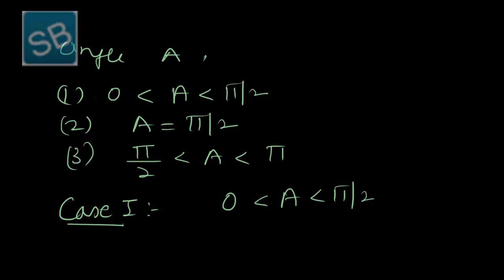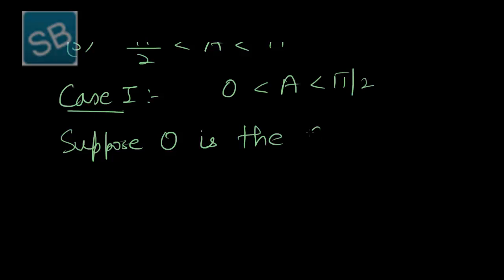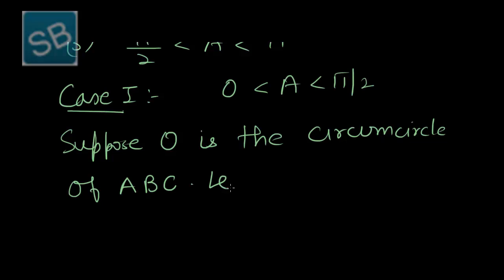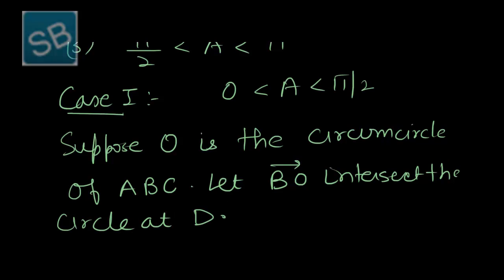So what happened? Suppose O is the circumcenter of triangle ABC, and let BO intersect the circle at D. We are going to draw the diagram.